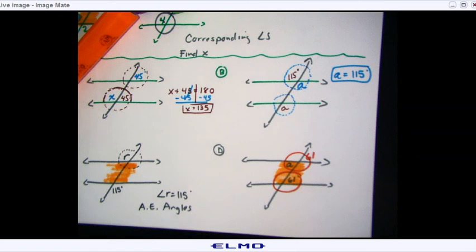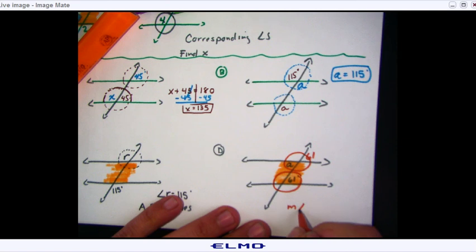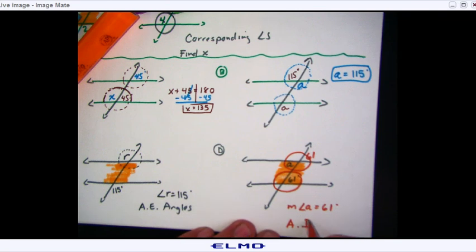If they're across from each other diagonally, they're the same. So the measurement of angle A is 61 degrees, because they're alternate interior angles. All right, so there you go.